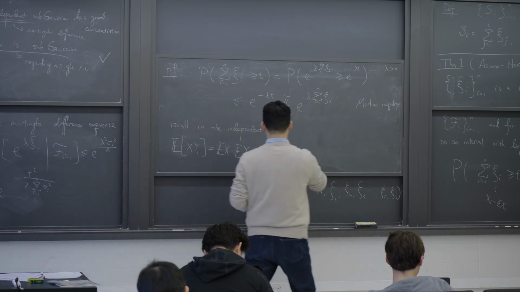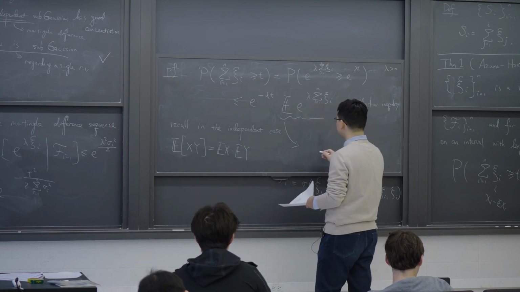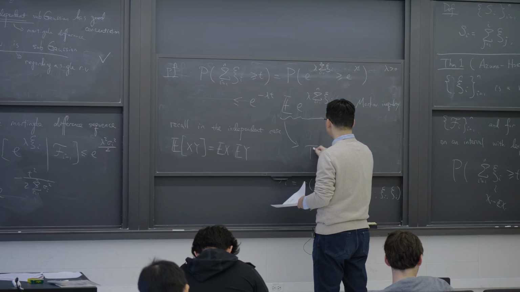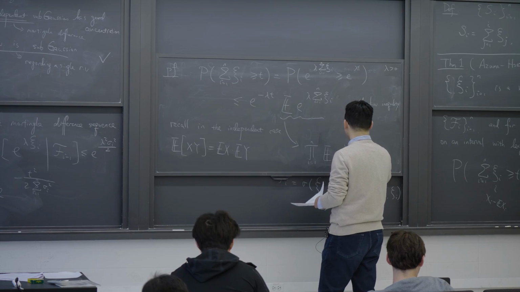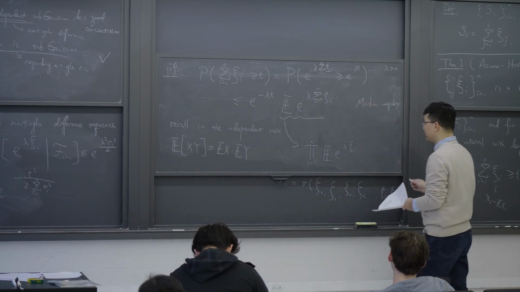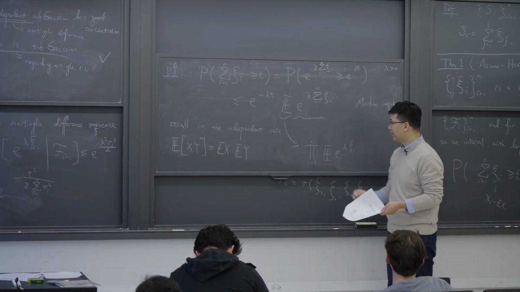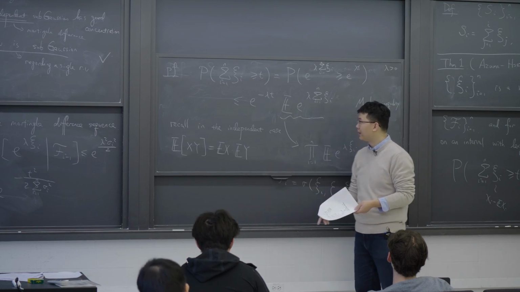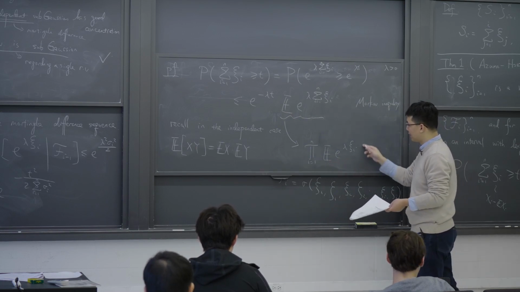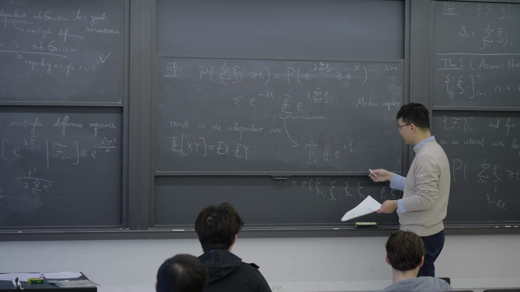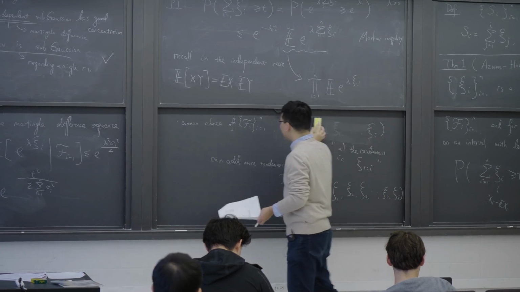In this case, we can essentially make the second part the product over i from 1 to n of the expectation of e to the lambda Ci. Essentially, we pull the summation to be the product outside the expectation, and then we use the property of independent random variables to pull the product outside the expectation. Then for each expectation, we can directly use the sub-Gaussian condition, and this finishes the proof for the independent case. But now, we can no longer do that.